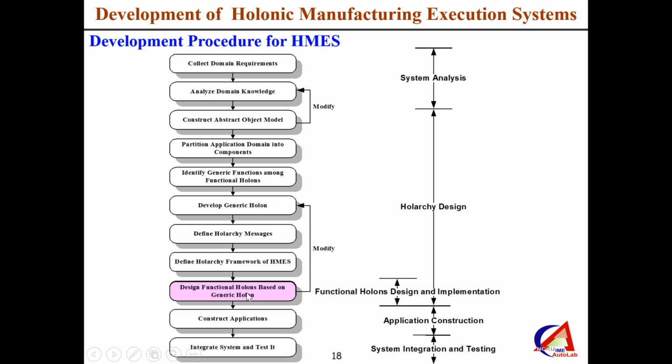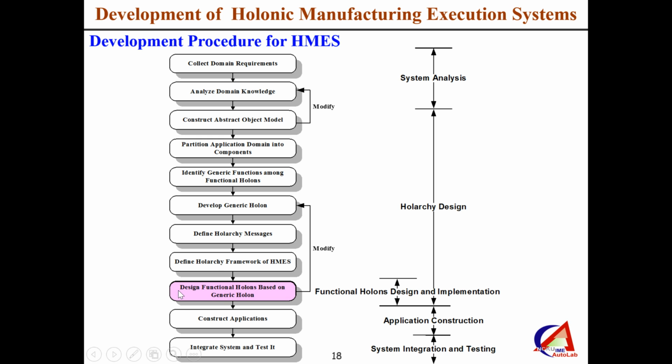Then again, follow the object-oriented design. Use the OAOD. Then you can define the functional holons based on the generic holon. And you see this is the functional holons design and implementation. You will design all the functional holons simultaneously, because you know the framework messages among all the holons.